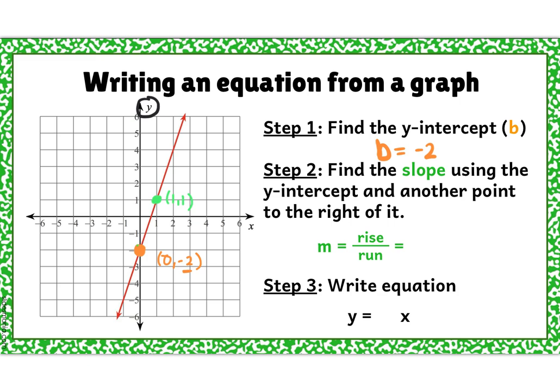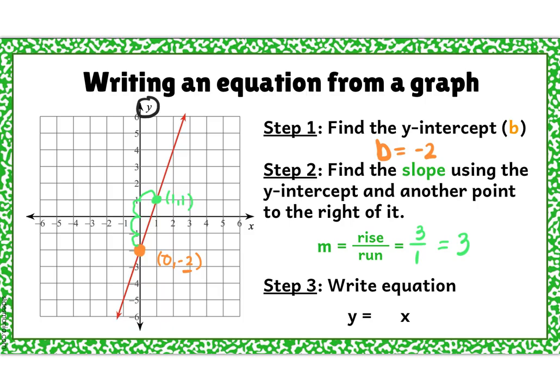So we went up from my original point 1 to 3, and we ran 1. So my rise is 3 over 1. I know it's positive because I am going up 3. So that means it is a positive 3, and I'm going right 1, which is a positive 1. I'm going to make sure that I simplify my slope always as best as I can. So 3 over 1 can really turn into the number 3.